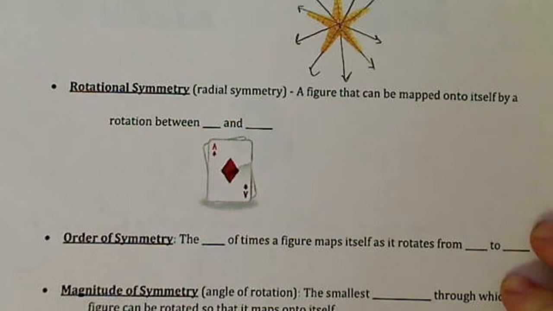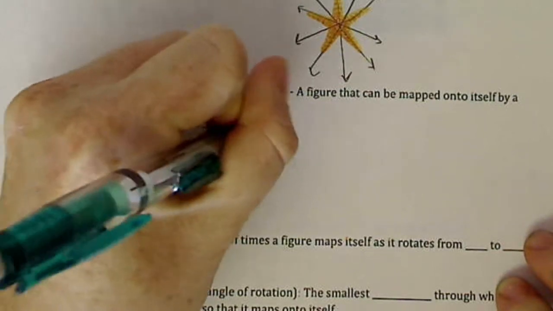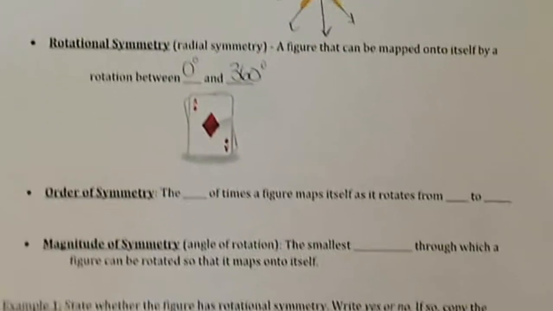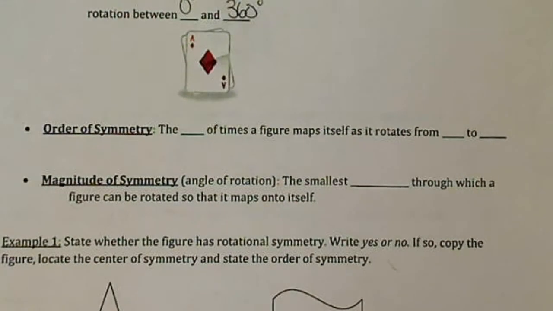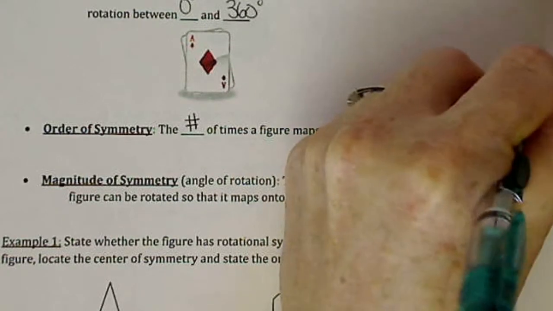But if you rotate a figure and it does look the same, that's rotational symmetry, and you have to rotate it between 0 and 360 degrees for it to have rotational symmetry. Now, when you hear the word order of symmetry, when we say order, we mean the number of times a figure maps itself as it rotates from 0 degrees to 360 degrees.